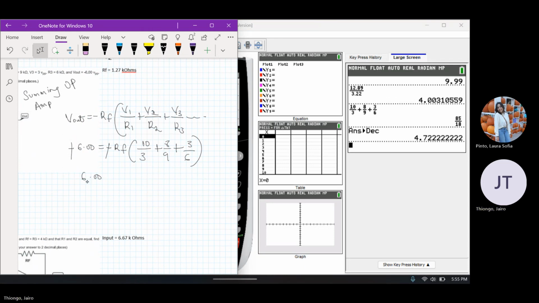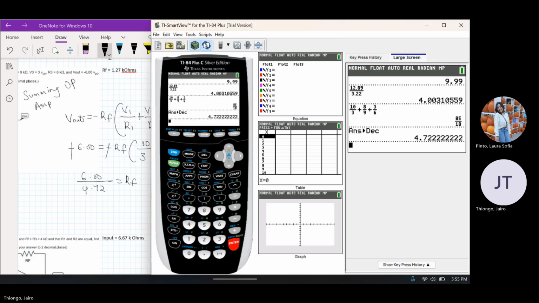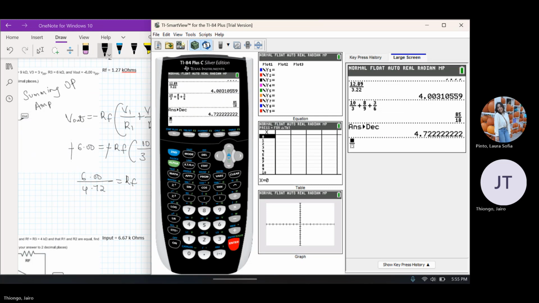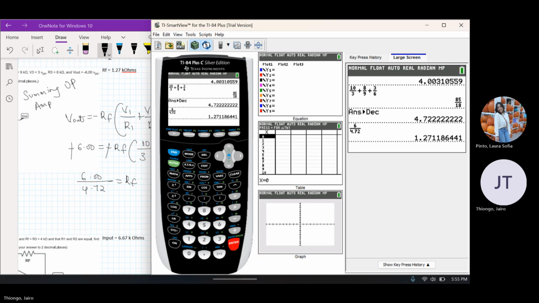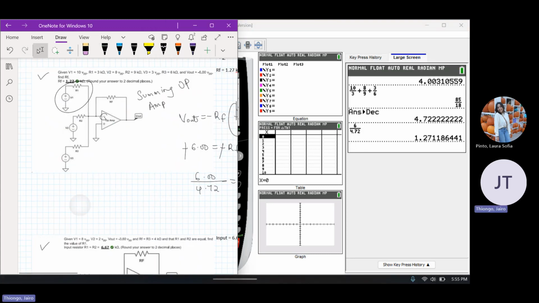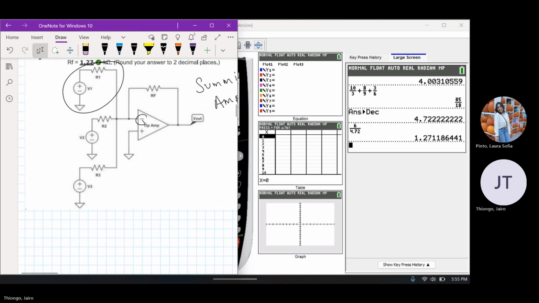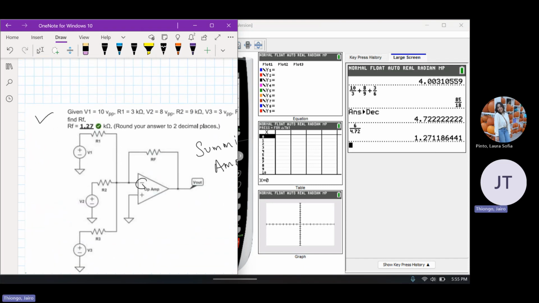Then 6.00 over 4.72 equals RF, which is 1.27, and as you can see from the answer here, the answer was 1.27 kilo ohms.